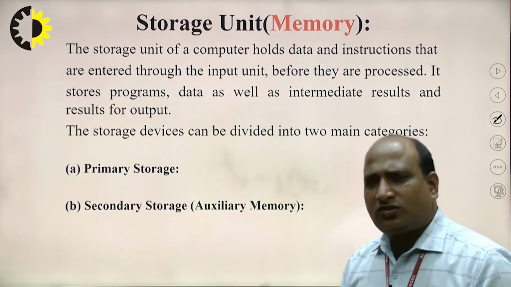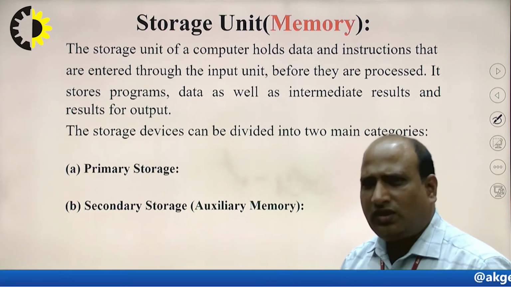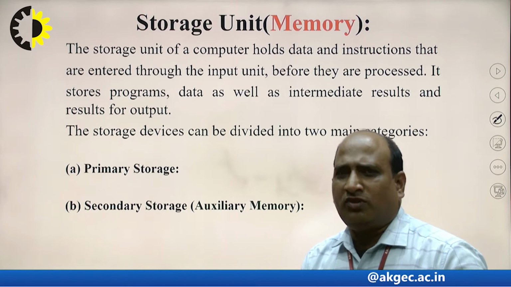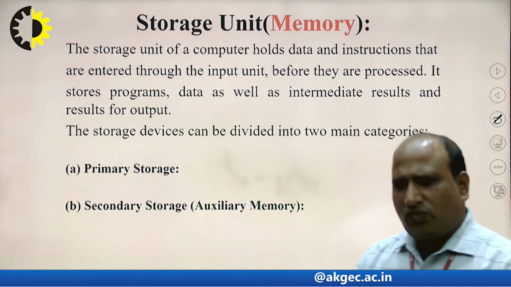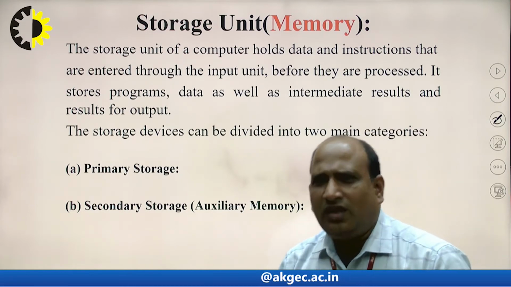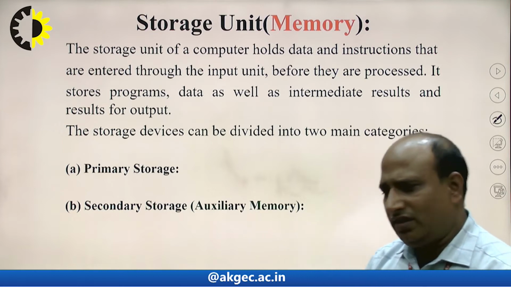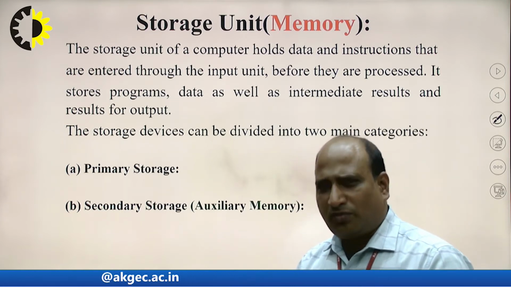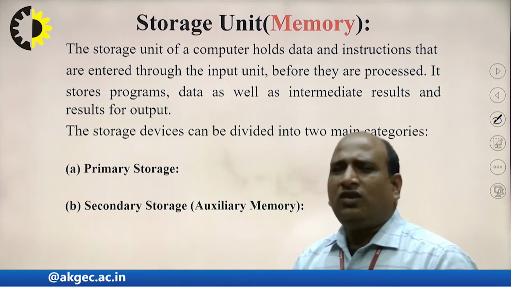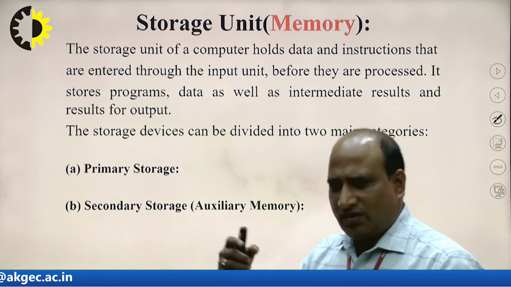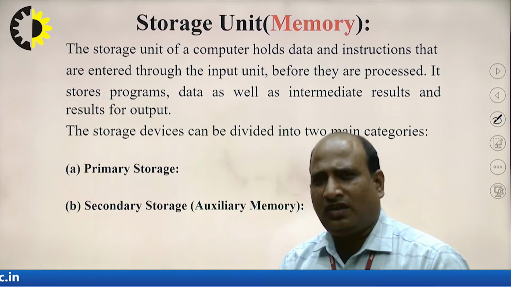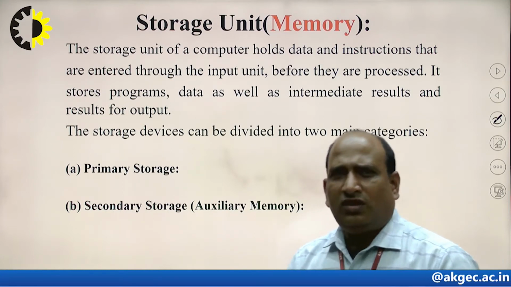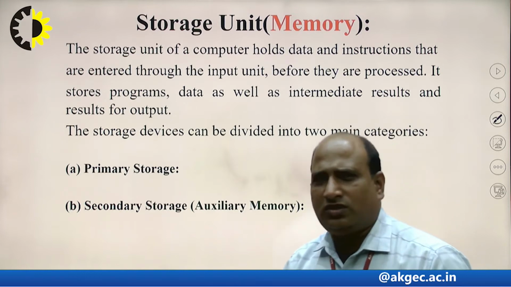Then the storage unit. Storage unit is just a circuit in our computer system that stores our data temporarily or permanently. Data during processing are stored temporarily in the computer system, or for further accessing, the data is stored permanently in some memory unit that is called storage unit also.